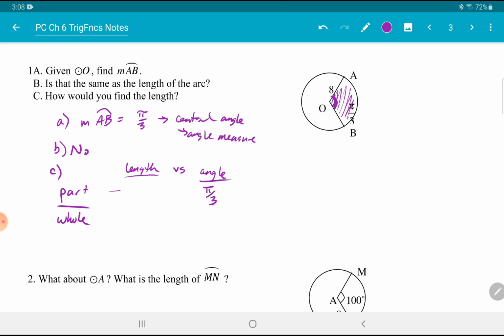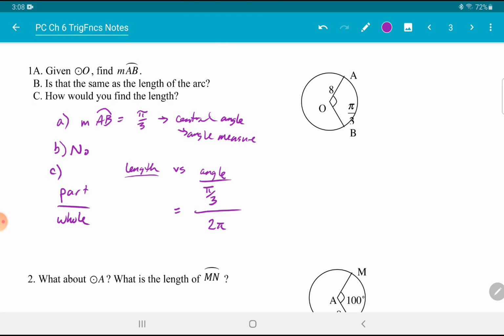This represents the part of the angle that we know. Now compare that with the whole: an entire circle has a complete angle measurement, in radians, of 2 pi. So we're comparing pi over 3 versus an entire 2 pi of a full circle. That's creating a ratio between the angles.